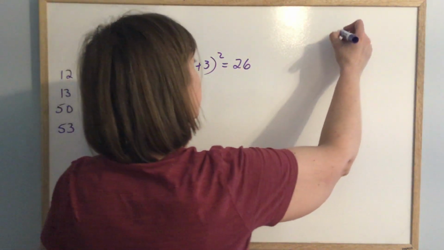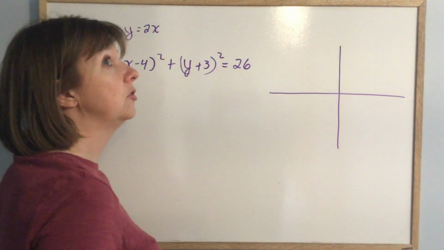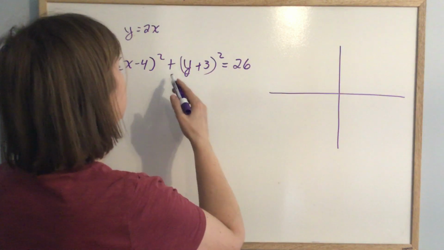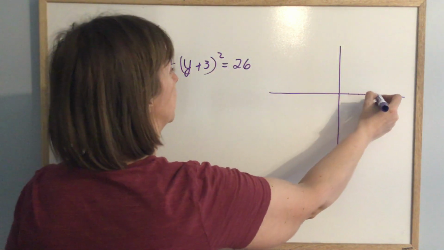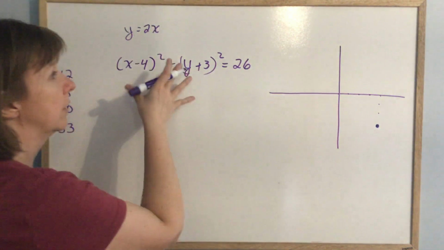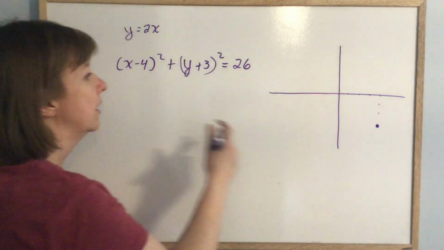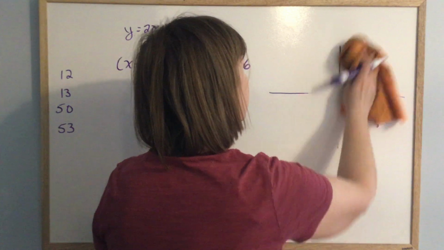So if you needed to, if it helped you, you could do that. The center of my circle is 4, 1, 2, 3, 4, and -3, 1, 2, 3. Always change the sign because those are inside brackets. That's not going to work out very well for me. Hold on.